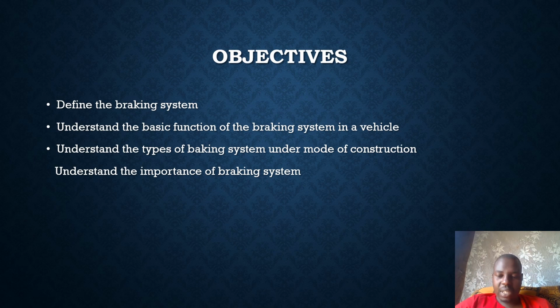Lastly, we are going to understand the importance of the braking system, look at the operation principles of both the drum brake and disc brake, and look at the importance of having disc brakes as compared to drum brakes. Those are the main objectives that we are going to measure against.